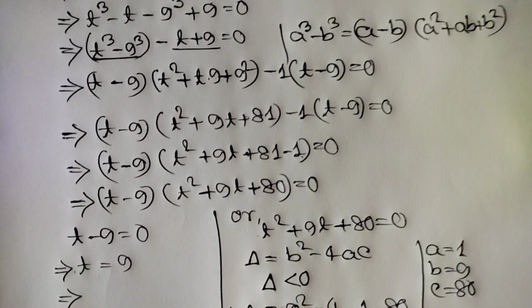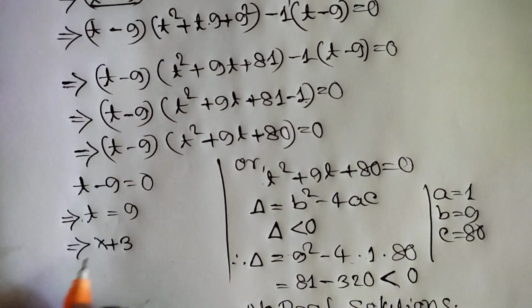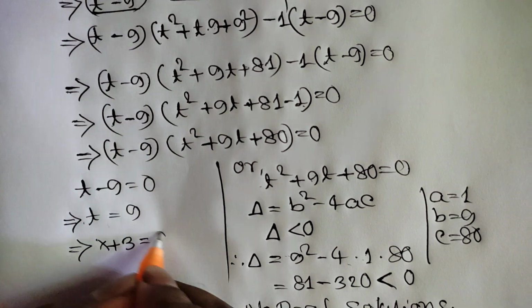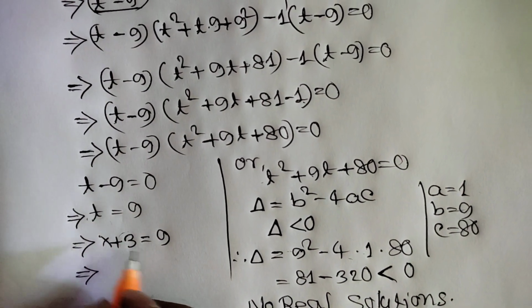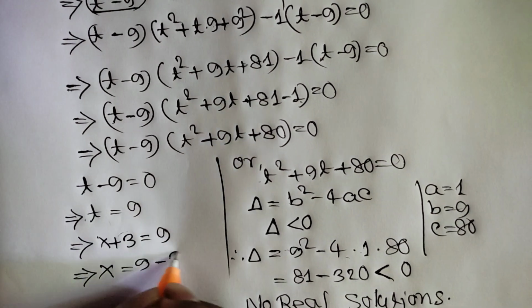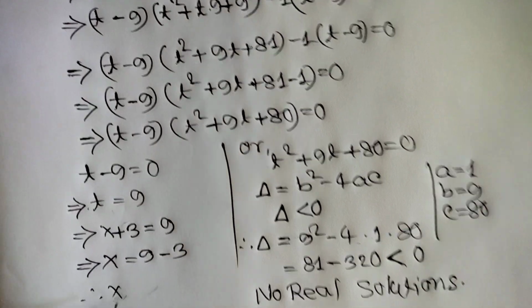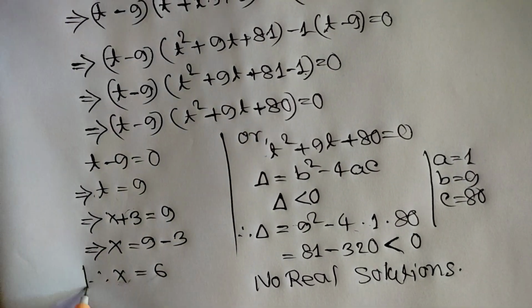So we can write x+3 is equal to 9. Now taking this positive 3 to the right side, we will get negative 3. So x is equal to 9 minus 3. So finally the value of x is equal to 9 minus 3, that means 6.